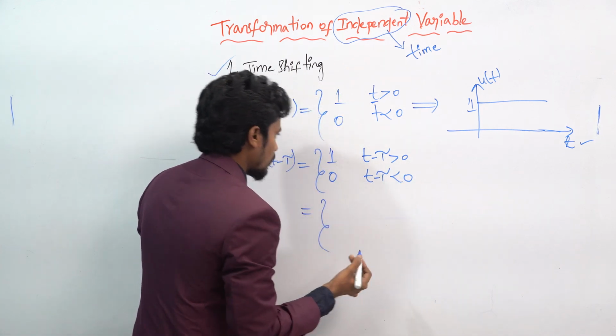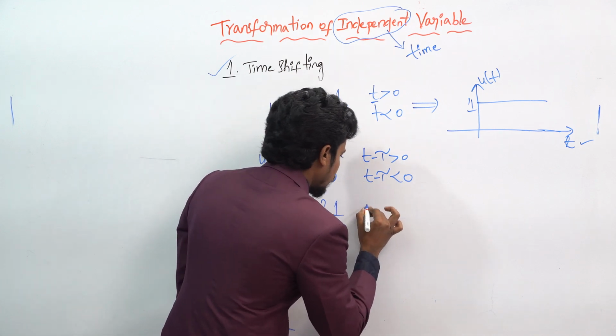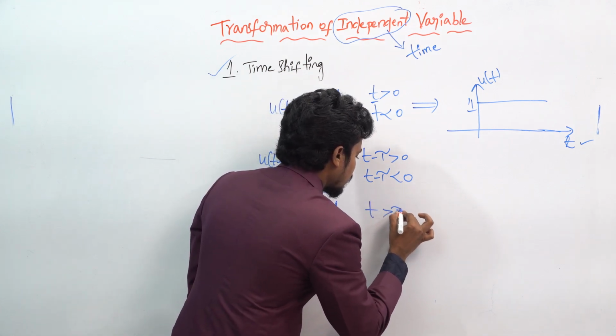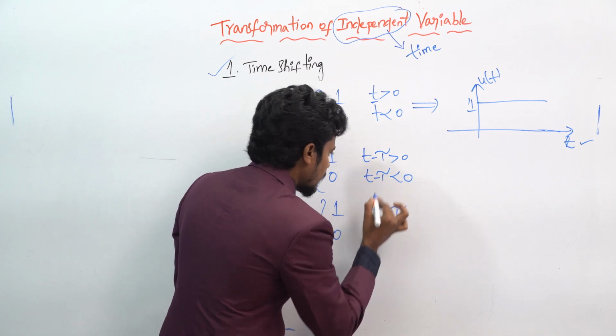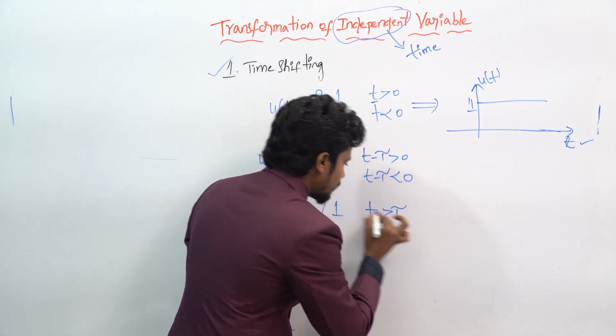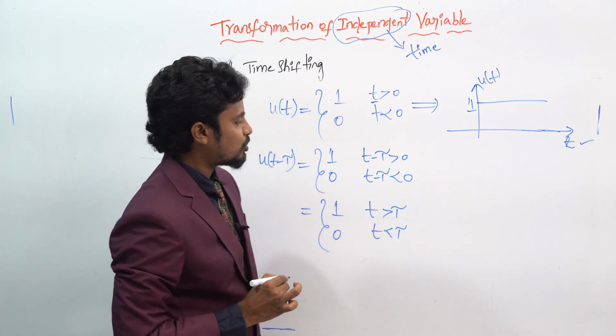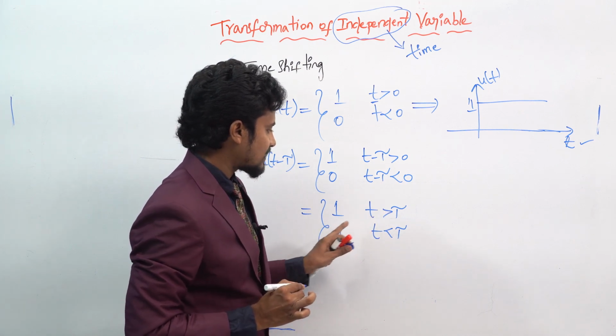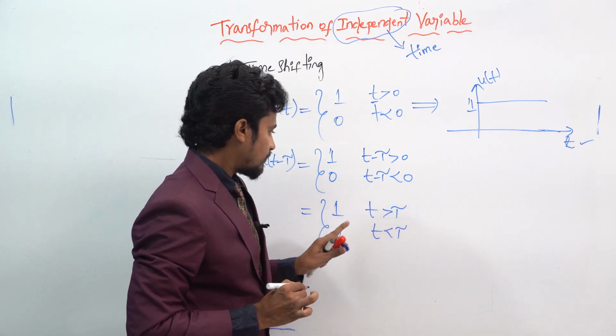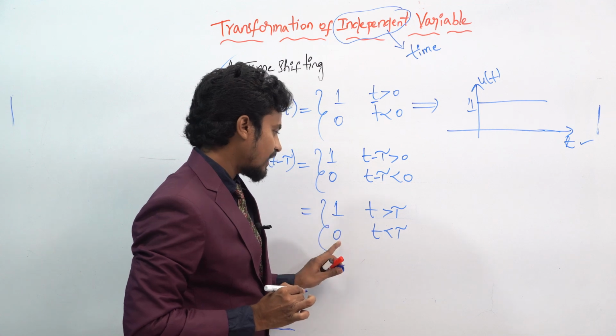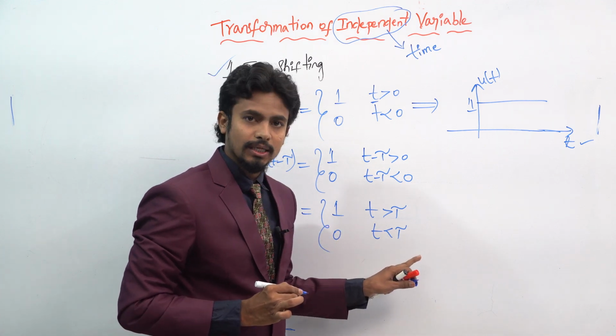Here you can observe this is 1 for t greater than tau and 0 for t less than tau. We have to plot this with magnitude 1 for t greater than tau and 0 for t less than tau.